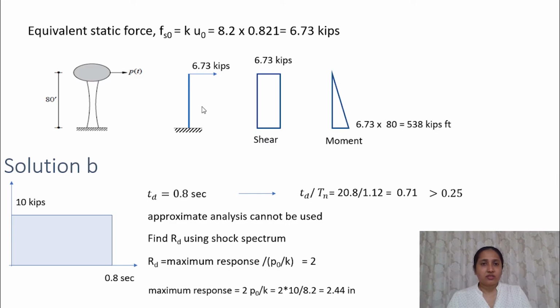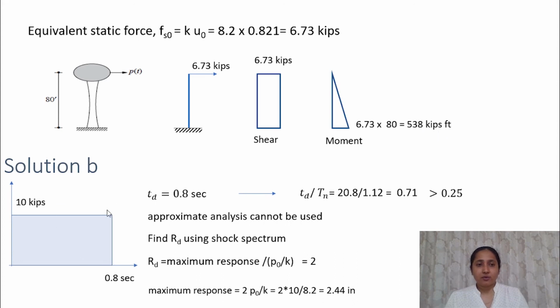You can find the moment. This multiplied by the distance would give the moment at this location. So this is the bending moment diagram. The moment at the base is 6.73 times the length, that is 80 feet, which is equal to 538 kips feet.